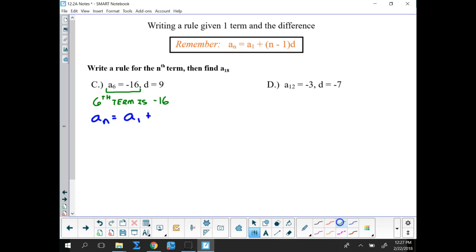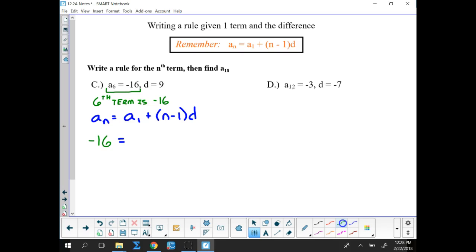equals my first term plus n minus 1 times d, there are 2 things on there that I have to have. I have to know my first term in order to make my rule. Somehow I got to find my first term. And I have to know the common difference. Those are the 2 must-haves in there. Well, I can say then here that the sixth term is negative 16.